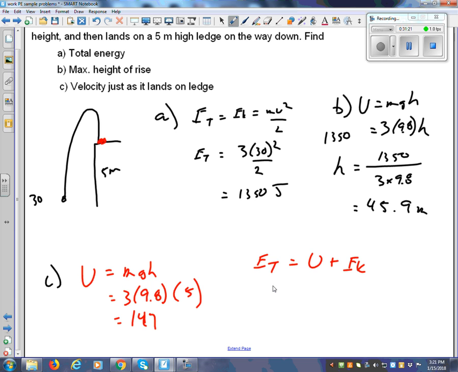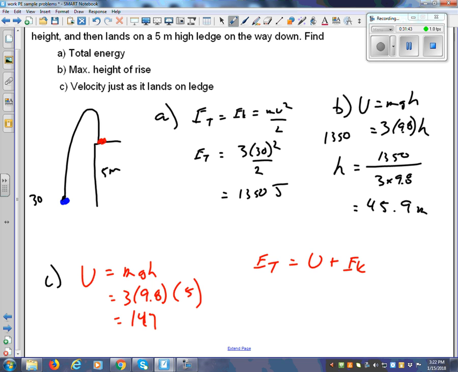Why was the potential energy, explain to me why the total energy and kinetic energy equal each other? At the start, when it's launched, it's right at ground level, how much potential does it have? 0. It has no height. All of its energy is kinetic.